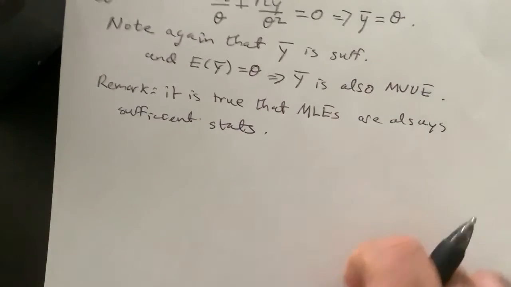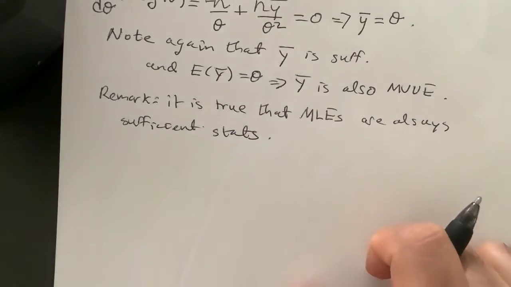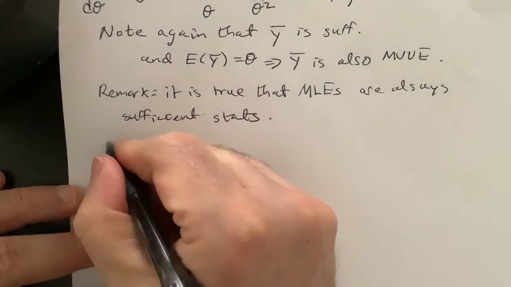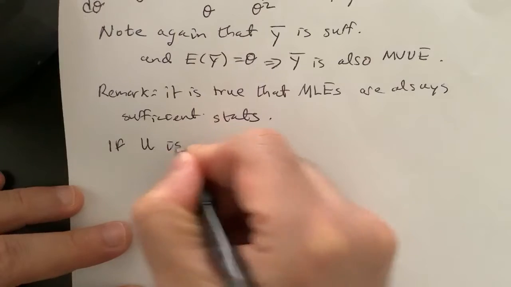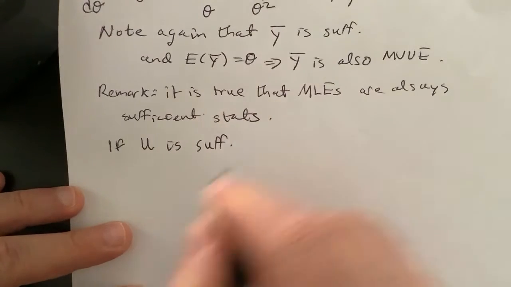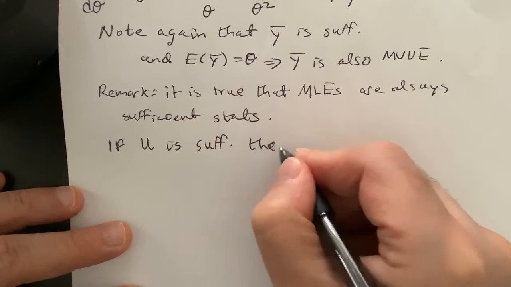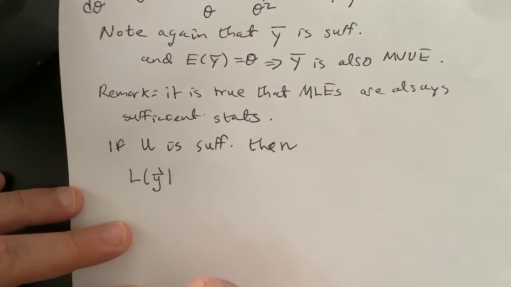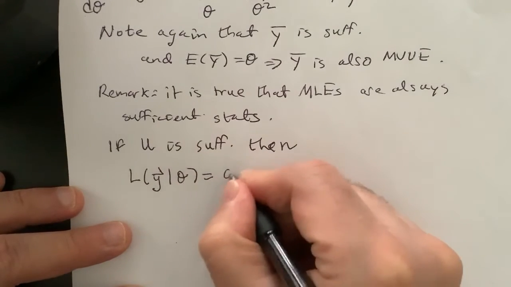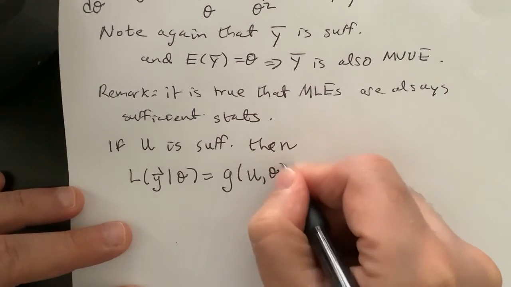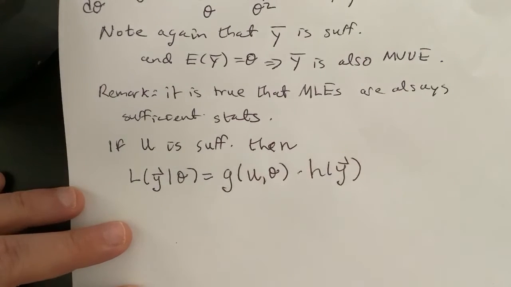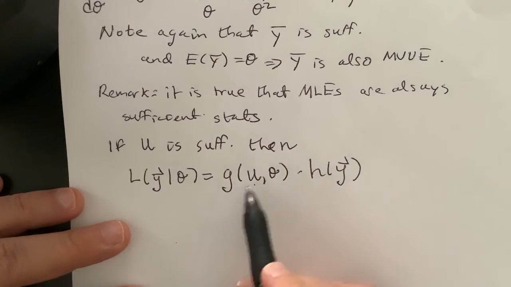The reason is that if a sufficient statistic exists, so if U is sufficient, then by the factorization criterion, which is if and only if, we can factor the likelihood function as L(y; theta) equal to g(u, theta) h(y), where U is a function of y, but this g function only sees y through U.